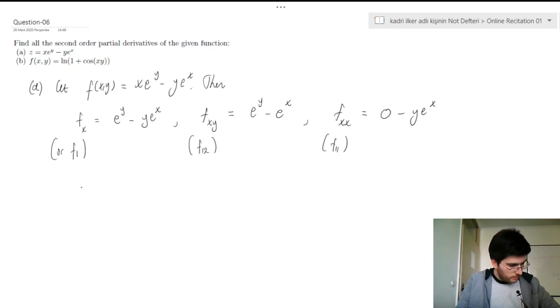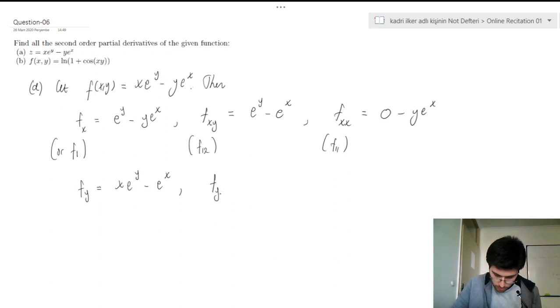And then let me quickly write it down. If you compute everything with respect to y, we have something like this, minus e to the x. What if we compute yx? Now differentiate everything with respect to x. Be careful, this is not a coincidence.